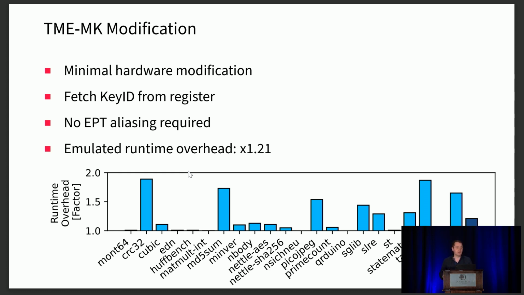Currently, the TME-MK hardware engine fetches the key identifier from the physical address, and we propose instead to introduce a key identifier register, which is similar to the PKRU register of other Intel features, and to use the key ID from this register. Then we don't need any page table aliasing anymore, and we emulated this, and we got a reasonable runtime overhead of 1.21, which is, I guess, quite okay for a full countermeasure.